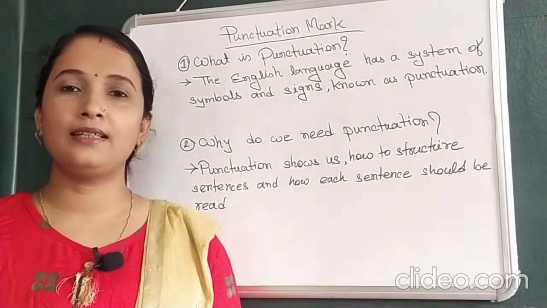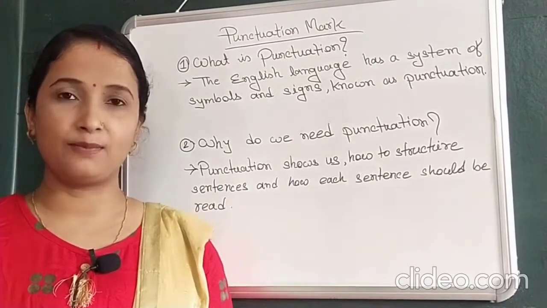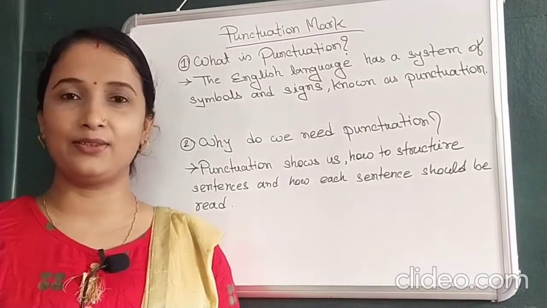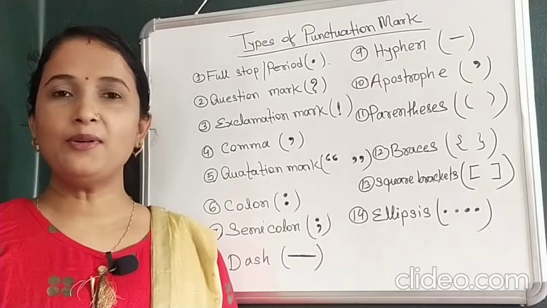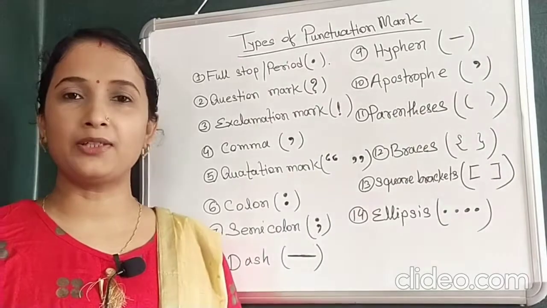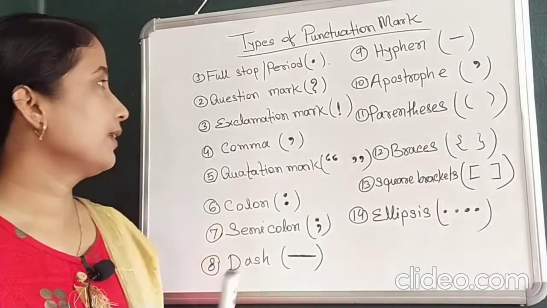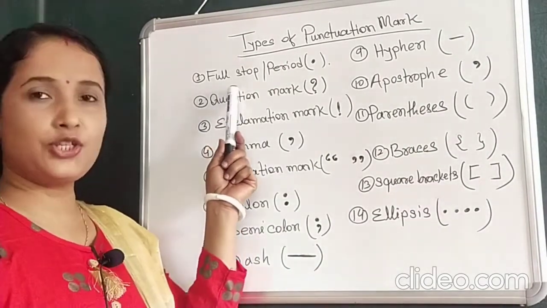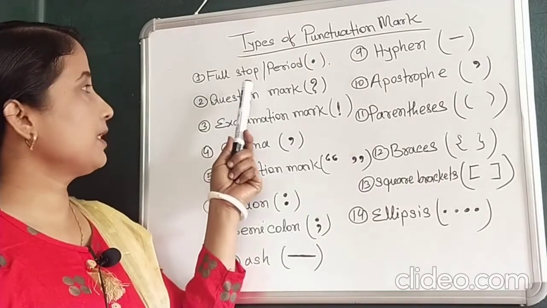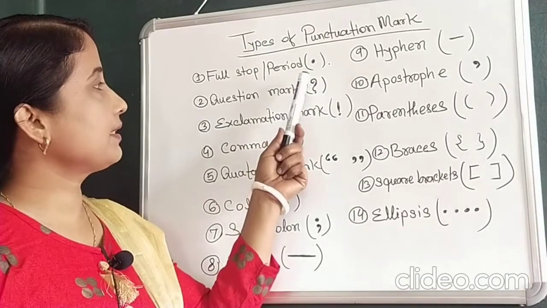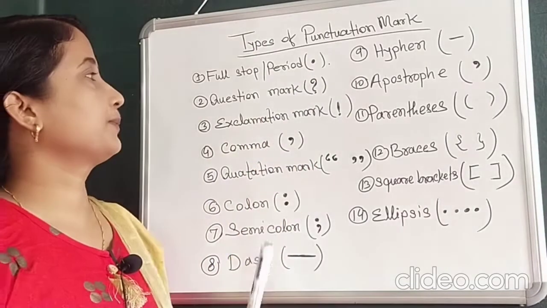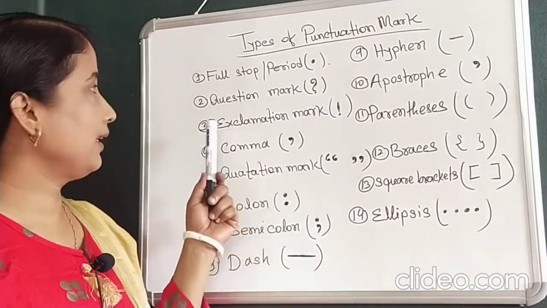Now let's see how many kinds of punctuation marks are in the English language. Now let's see the types of punctuation mark. At first is full stop. Full stop is also called period, and the symbol is this.